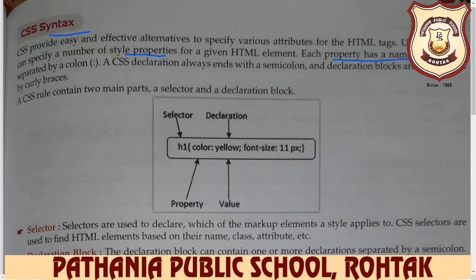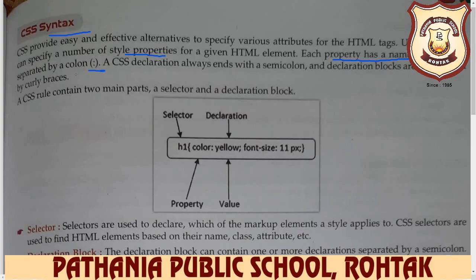Every property, like the color property, the font family property, the text align property, the text decoration property, has a name and a value also. Like color, color is your property and the name of the color is your value, and they are separated by a colon.